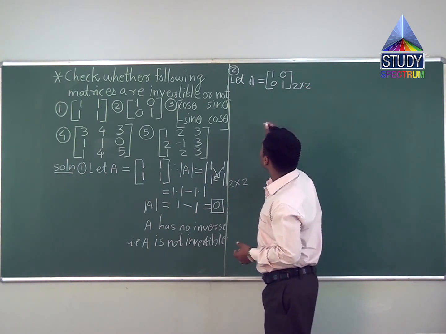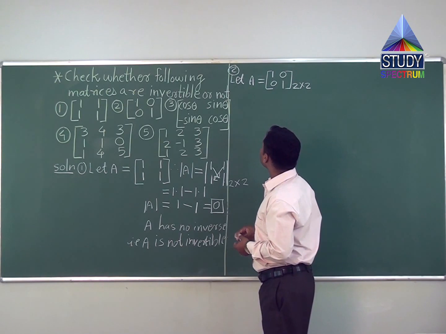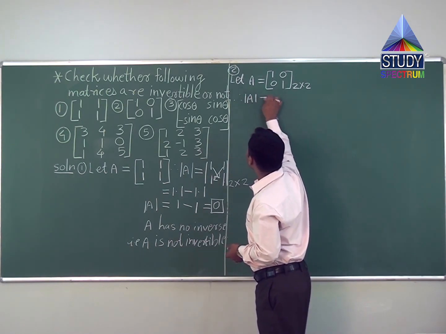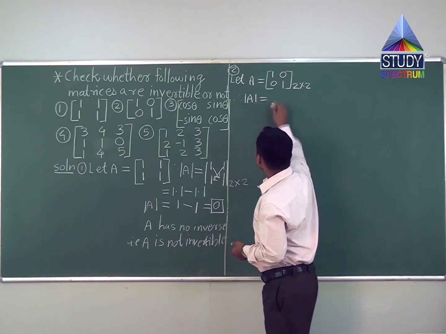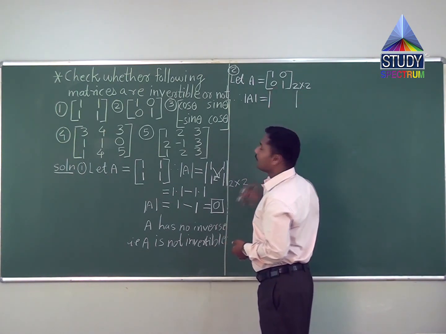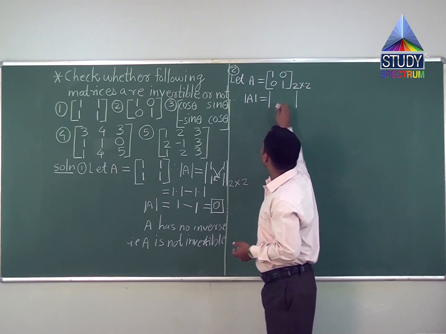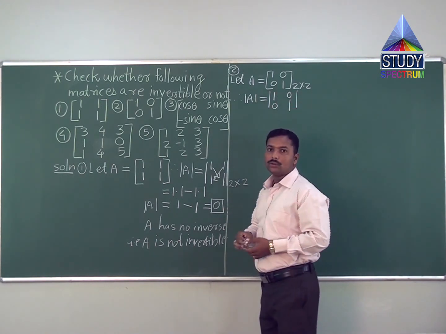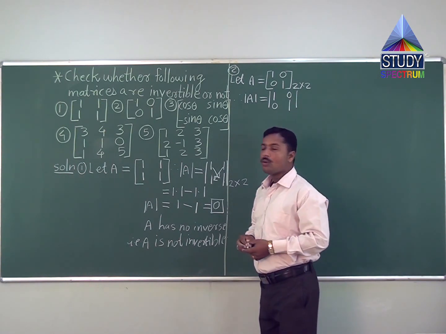Here we find the determinant of this matrix also. So the determinant of A equals the determinant of this given matrix, 1 0, 0 1.